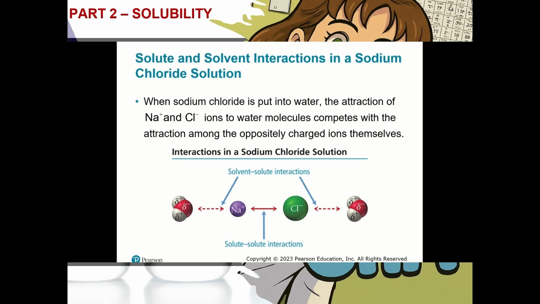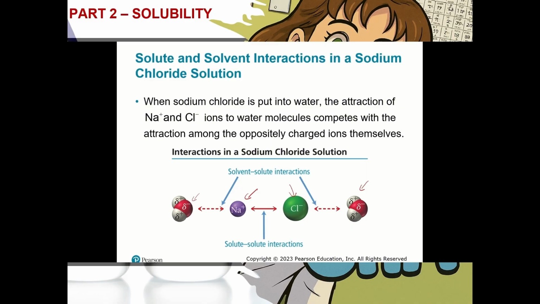So when sodium chloride dissolves in water, water molecules surround each ion. How does this happen? The sodium, which has a positive charge, is attracted to the negative part of the oxygen in the water, while the chloride ion is attracted to the hydrogen, which has a positive charge. This process separates the ions and keeps them dispersed.